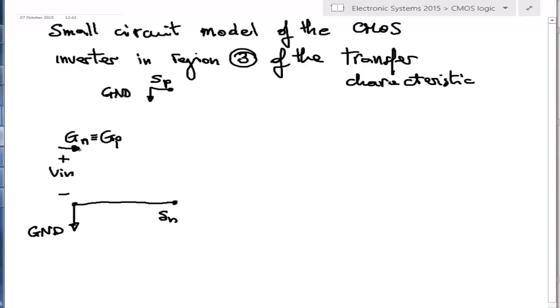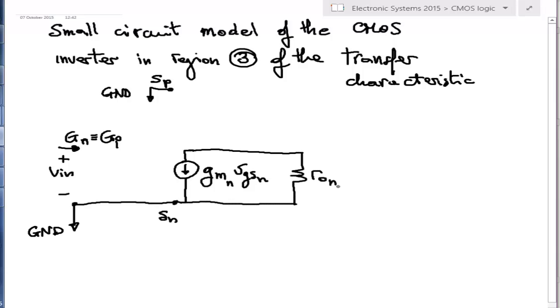Now, this is VGSN, and then for the N MOSFET we have a controlled current generator, which is GMN times VGSN. And then we have the output resistance RON, the output resistance of the N MOSFET. And this is the drain of the N MOSFET, which is also coincident with the drain of the P MOSFET and is also the output voltage node.